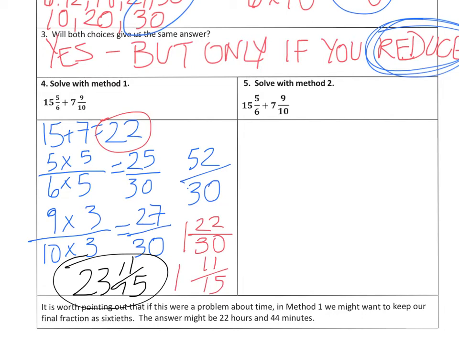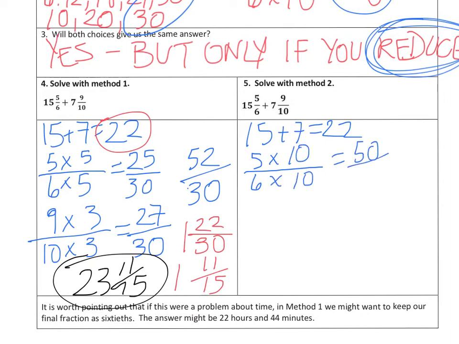Now let's check out our second method. So we still had 15 plus 7 is still 22, and we're still going to put that aside. But now instead of changing things into 30ths, we're changing them into 60ths. So let's take a look. 5/6 into 60ths. There we're going to multiply by 10 for 50 60ths.